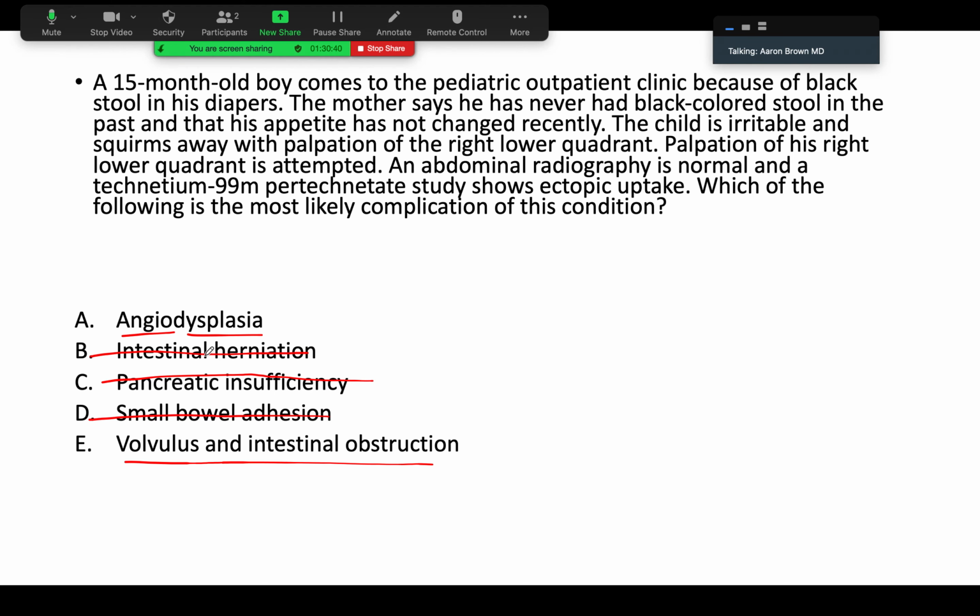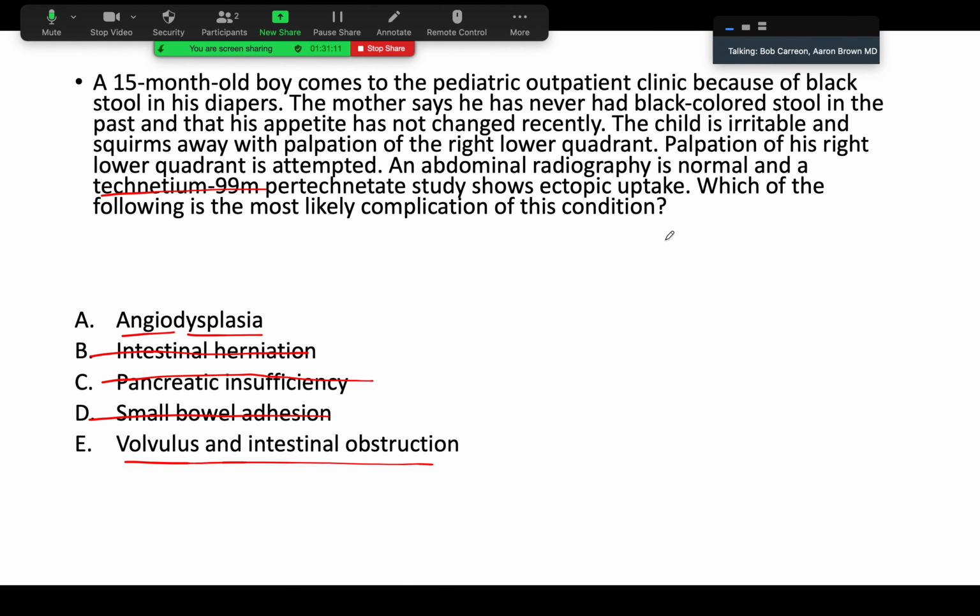If you had a herniation and part of that loop of intestines got stuck in the herniated area and became ischemic, you could potentially have a bloody stool secondary to that, but again, unlikely in a 15-month-old, especially once they tell you about all this pertechnetate junk. And so intestinal herniation's out, so we're down to angiodysplasia, volvulus, and intestinal obstruction.